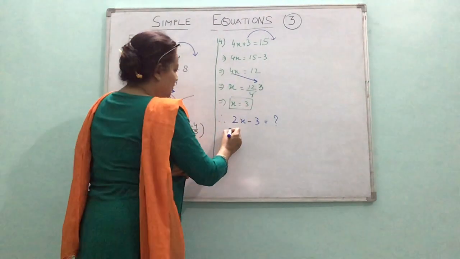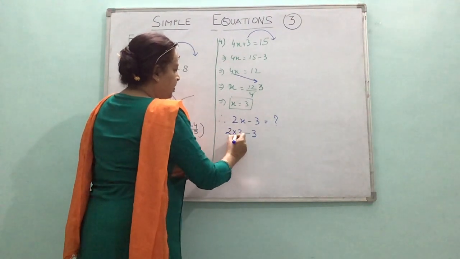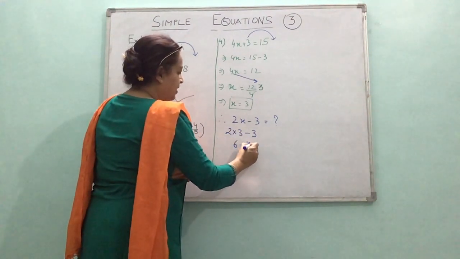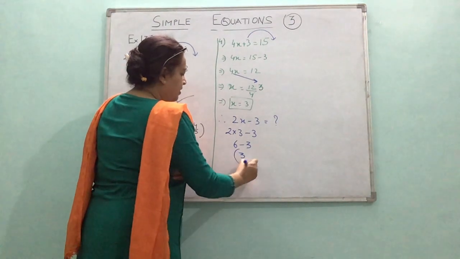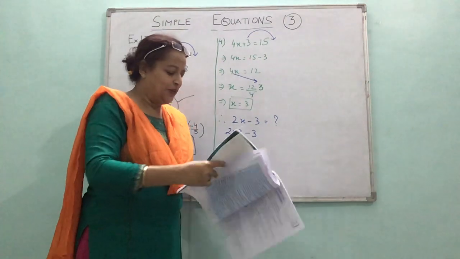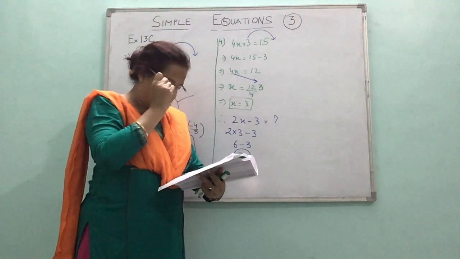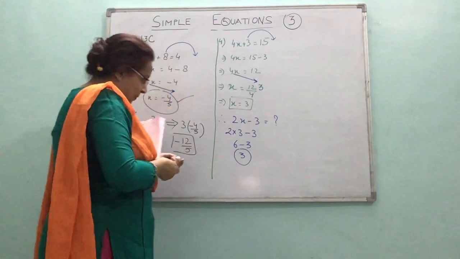Okay? So 2 into 3 minus 3. 2 into 3, 6 minus 3. What is your answer? 3. Let's see which is the correct option. It is again for question number 4, C is the correct option.